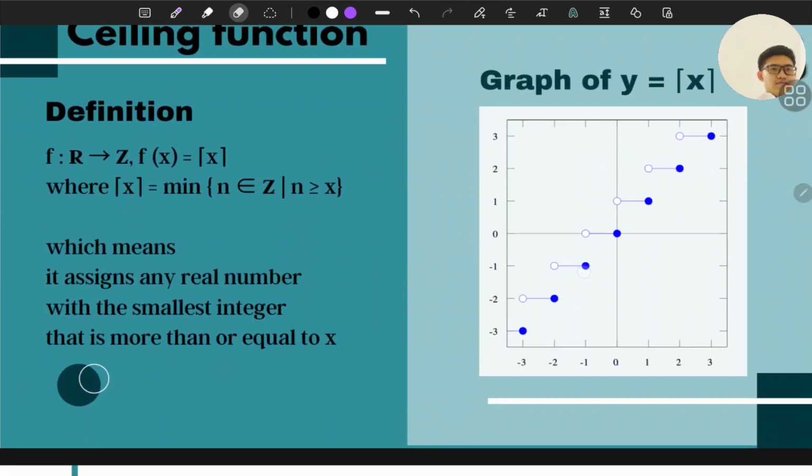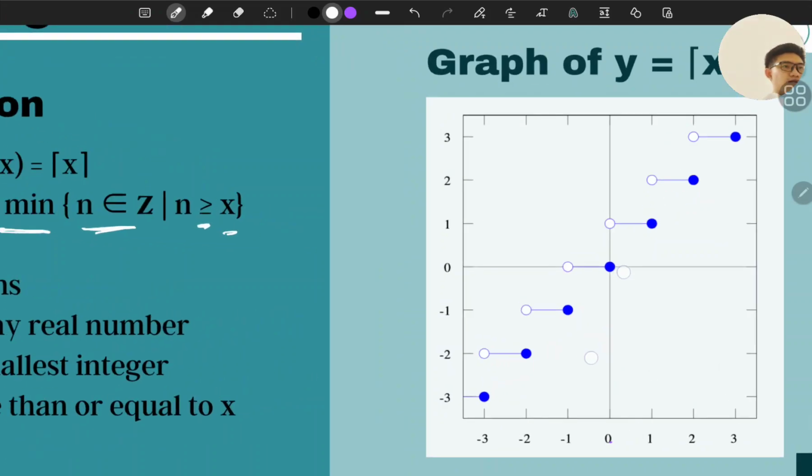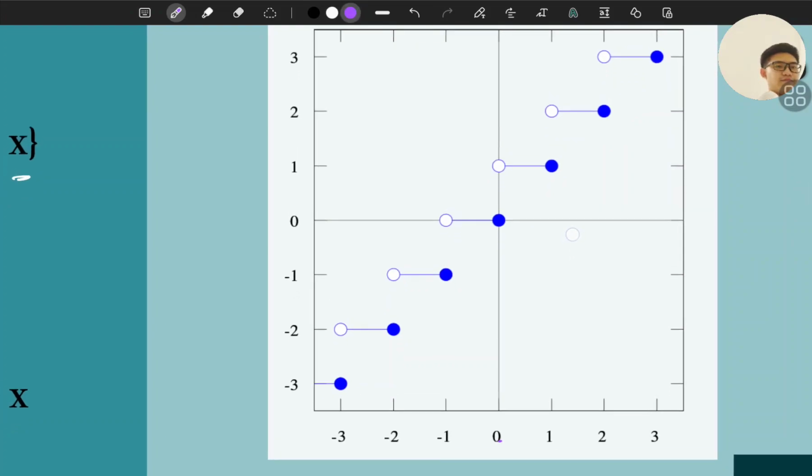Alright, now for the ceiling function, it's about the same as the floor function, where its definition would be that it assigns any real number x with the smallest integer that is equal to or more than x. So we look at the graph again. The same can be said for the ceiling function.